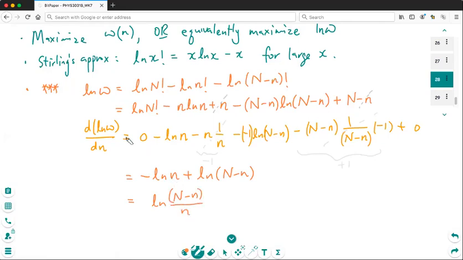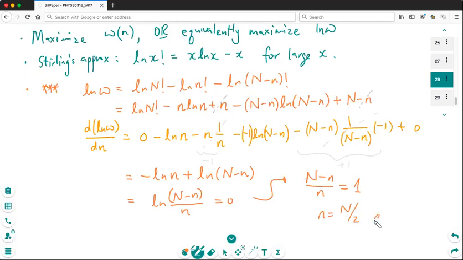And you do optimization, so you need to set this to 0. So this is a condition. So you have big N minus n divided by n. This has to be 1. So you move this n here and move this n to the other side. You have 2 little n. 2 times little n is big N, so n is big N divided by 2.